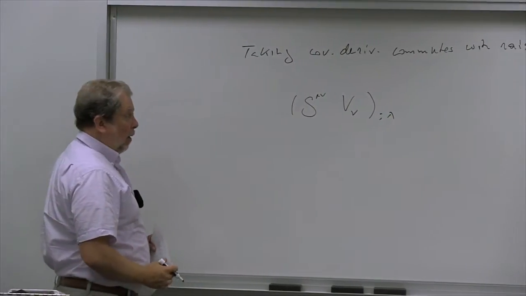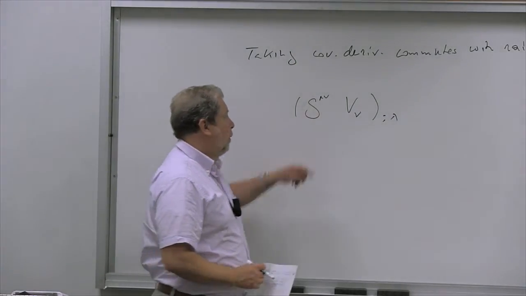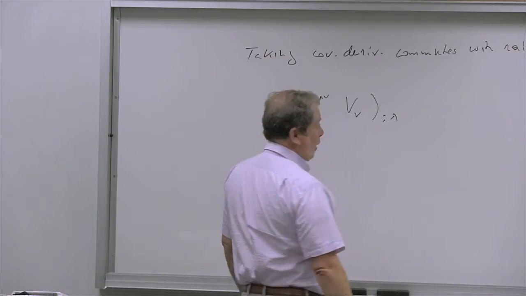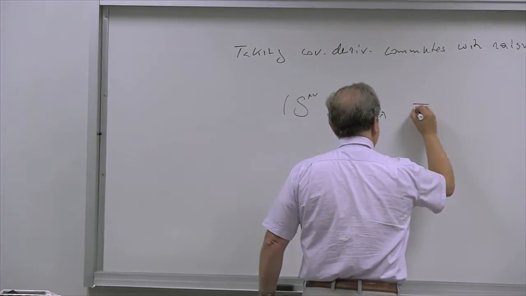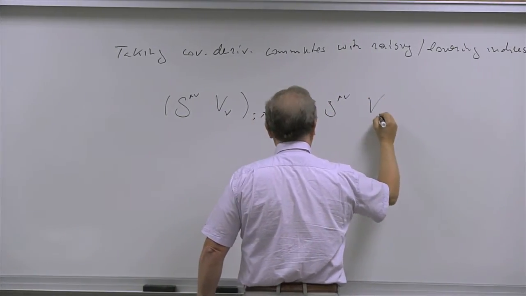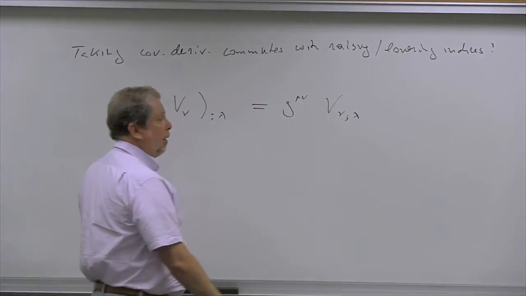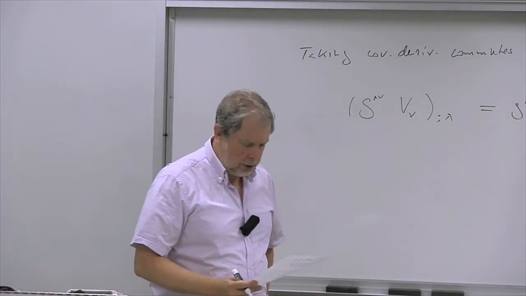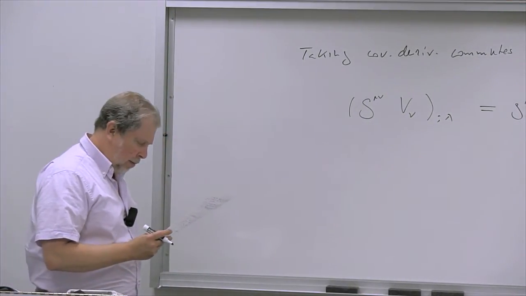You don't have to worry about taking the derivative of the metric, because the covariant derivative of the metric is 0. This is just simply the same as g mu nu times the derivative of v nu with respect to lambda. So the operations of covariant differentiation and raising and lowering indices commute.